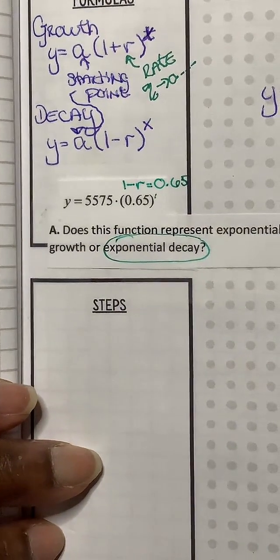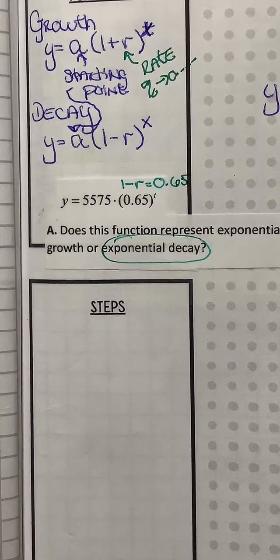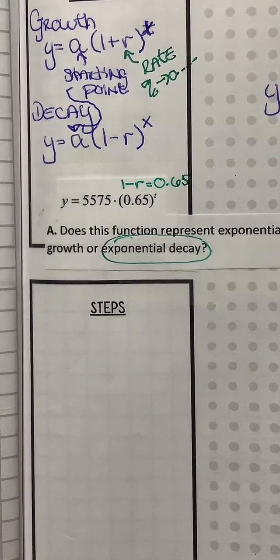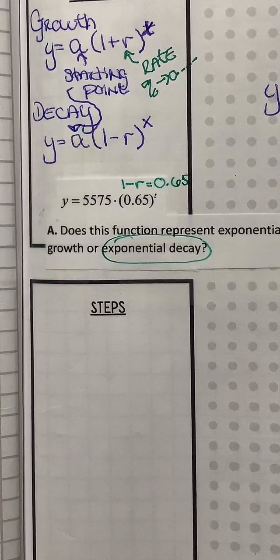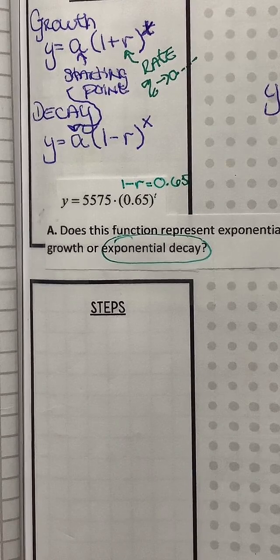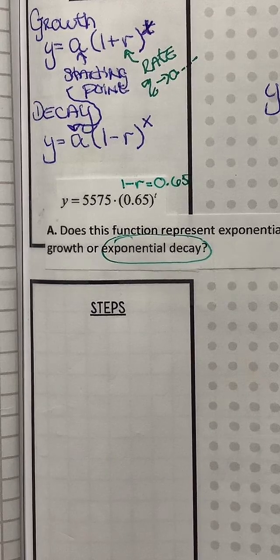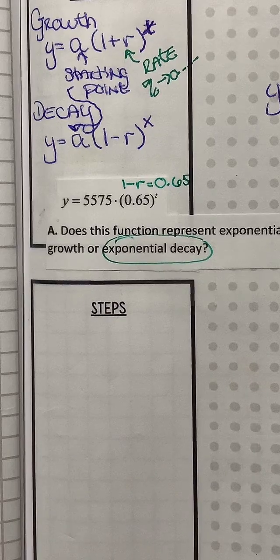So what would be my r? What will be my rate? My actual rate? What do you think? So less than 1 is decay, greater than 1 is growth. Yes. Okay. For some reason, I have to scroll nowadays.